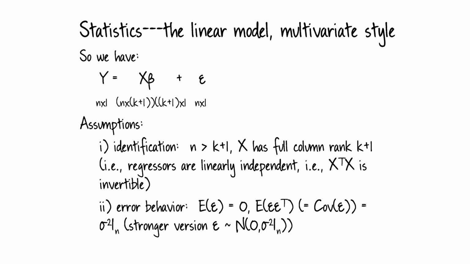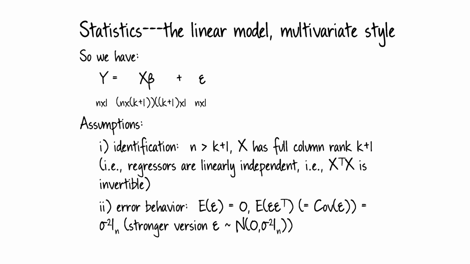The second main category of assumptions is on the error behavior. These are exactly like the assumptions we saw before. I'm just using matrix notation to express them. Here we have the expectation of epsilon, where epsilon is a vector, equal to the vector of zeros. The expectation of epsilon epsilon transpose is equal to sigma squared times the n by n identity matrix.